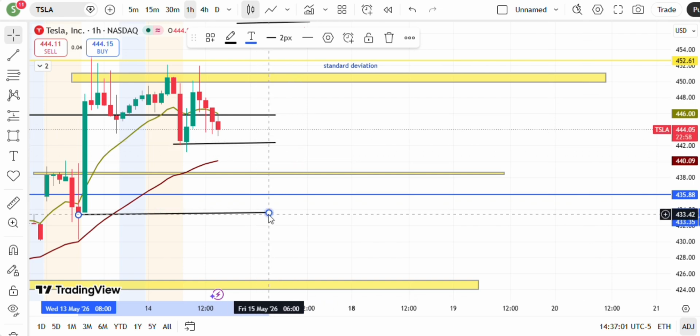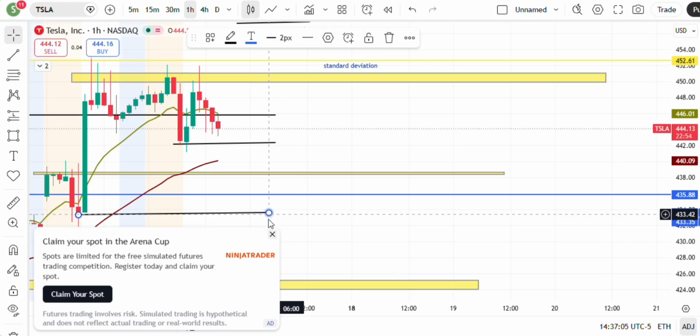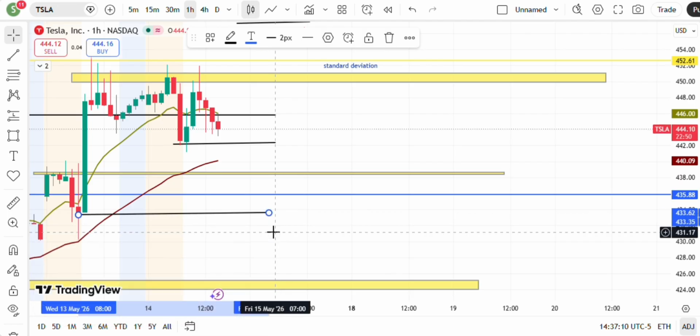Look at this level right here, 443. That's a $9 move. It's just about at 10. But that's all I want to go over with you. I didn't finish, but I want you to have a clear understanding of how Tesla works.